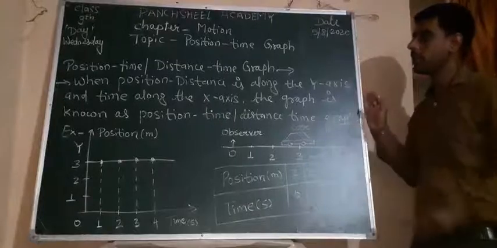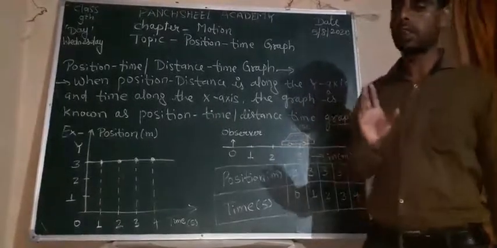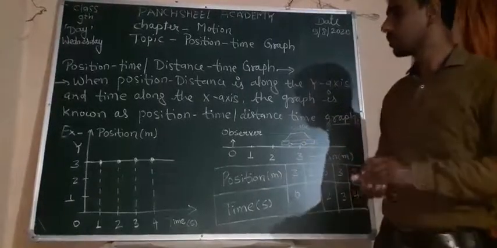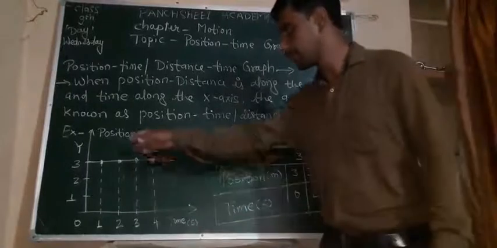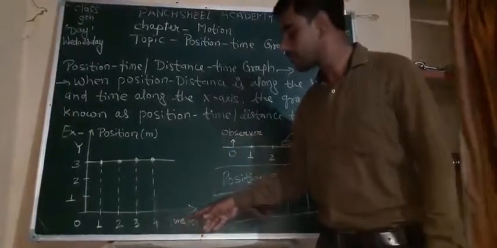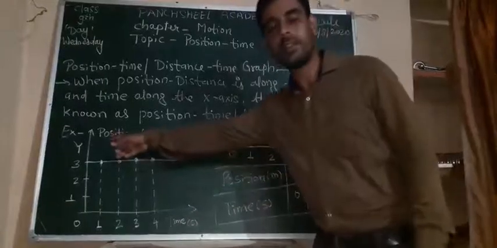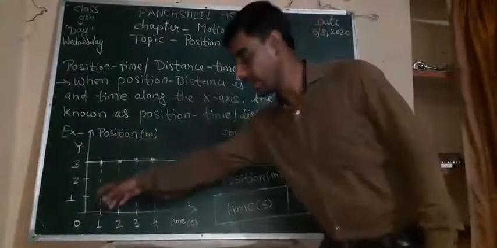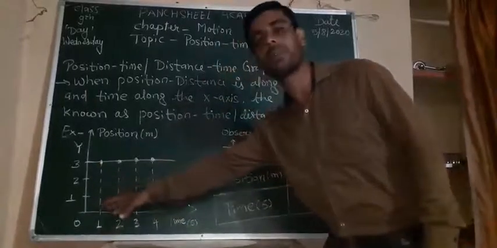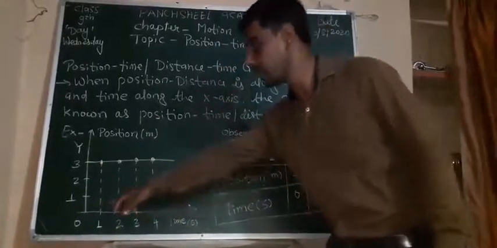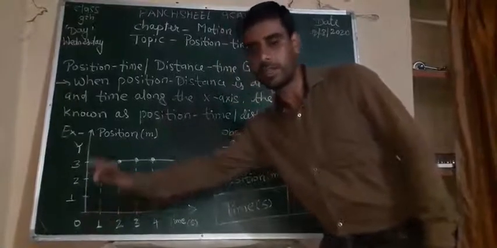All of you know about how to plot the graph. So graph is plotted like this. There are two axes. This is the x-axis and this is the y-axis. If x-axis and y-axis are perpendicular to each other, this point is the origin or reference point.